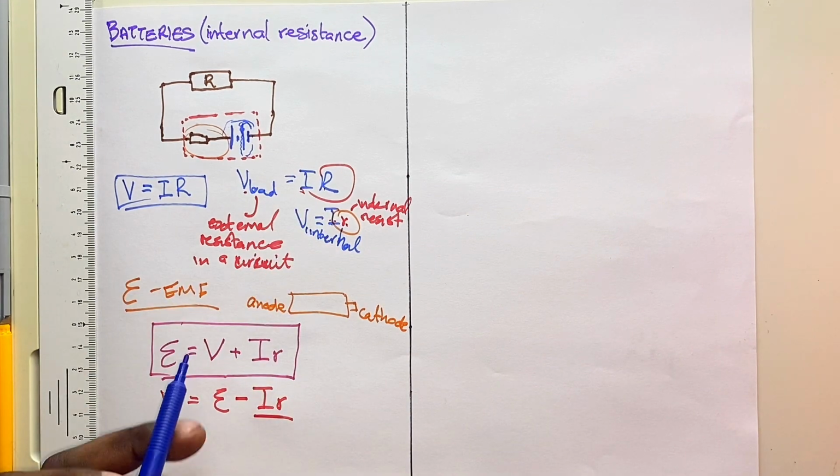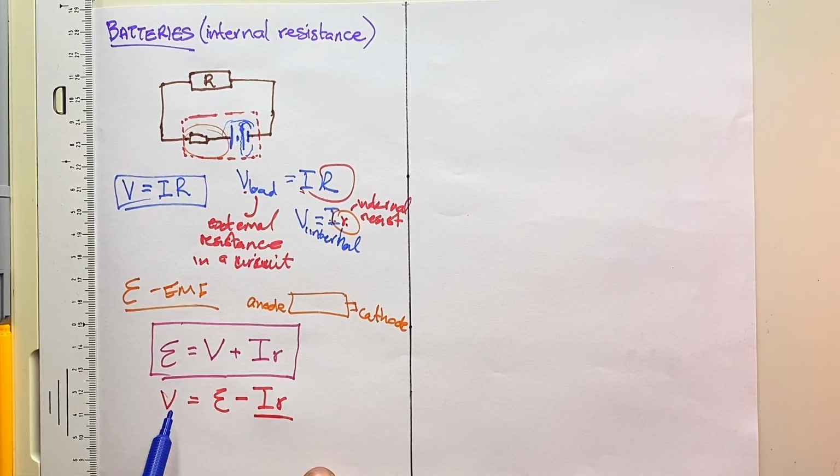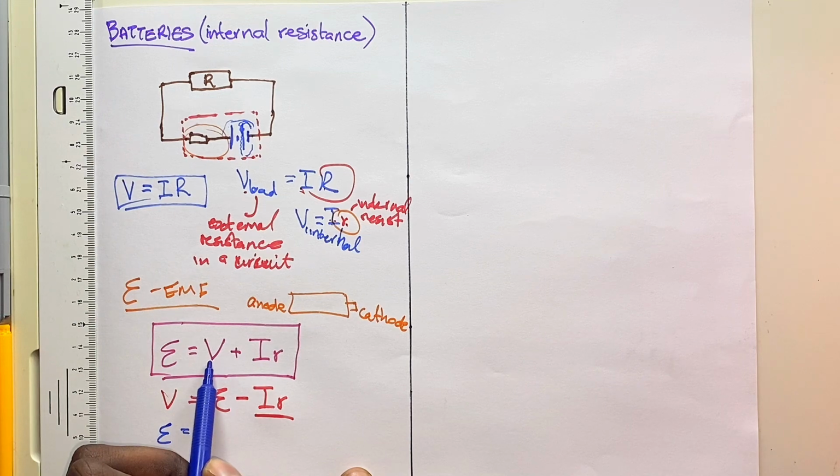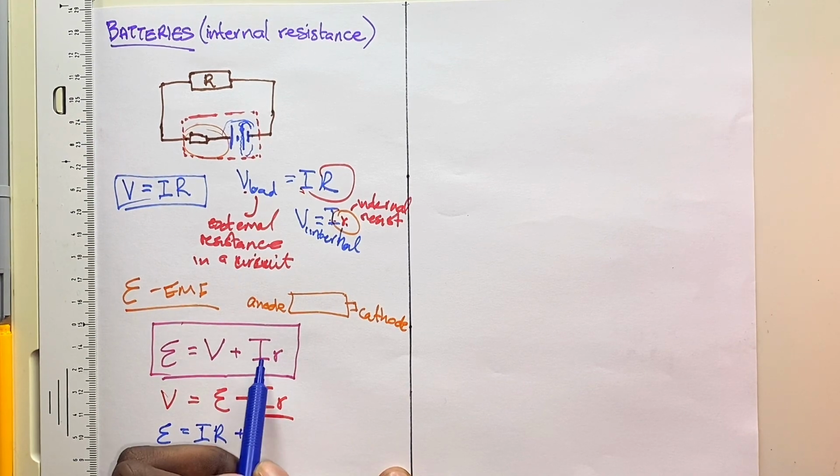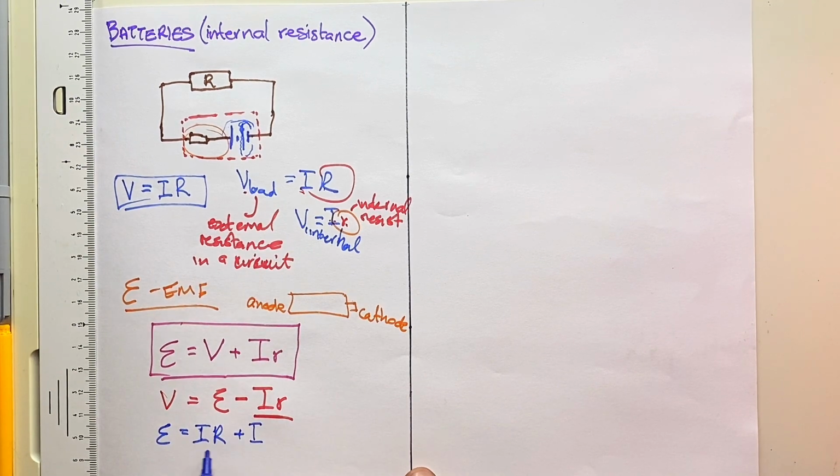We only change the resistance. Now, let me just clean up this equation and make it more attractive. My EMF will be given by the V load, the external voltage, which is given by current multiplied by external resistance, plus the internal voltage, which is given by the total current, the same current I used here, multiplied by internal resistance.